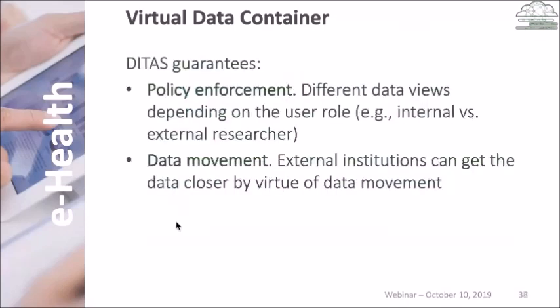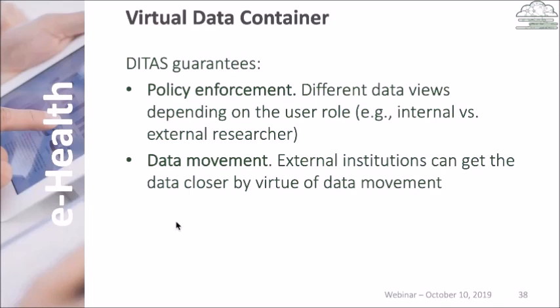In doing so, we took advantage of the fact that DITAS provides some guarantees that are important to us. For one, policy enforcement, the fact that different users access data differently depending on their roles. For instance, external researchers can access research data sets, but they are limited to anonymized data sets.